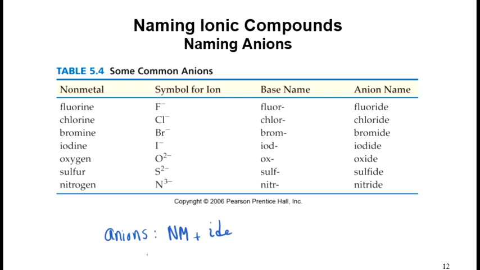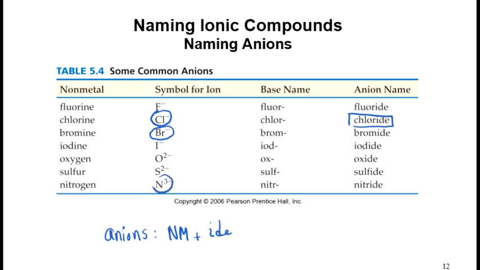So for example, I have Cl1 negative. If I am going to call that one, I call that chloride. So we add IDE to the root. If we have Br, we call it bromine. Br1 negative, we call that bromide. So always if you have any anions, if you have negative charge, you just need to add IDE.